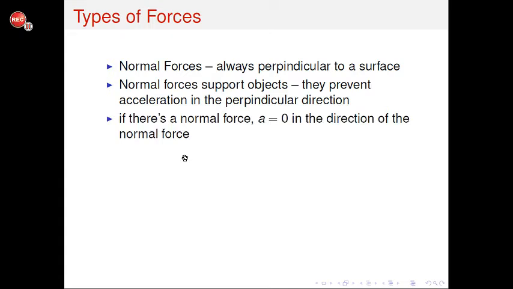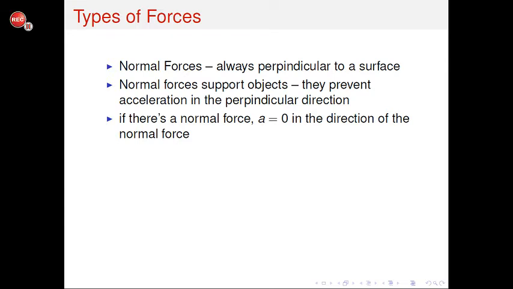That surface can be in any direction, but if there's a normal force, it has to be perpendicular to it. And the idea is that normal forces, think of them as supporting an object. They prevent acceleration in that perpendicular direction. And so if there's a normal force, you do not expect the acceleration to be non-zero.